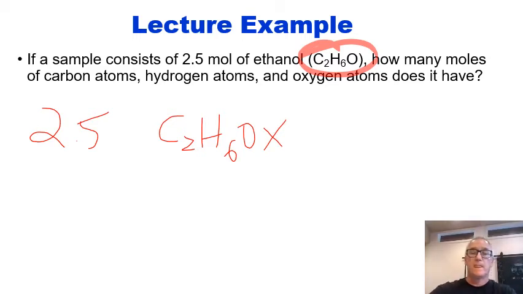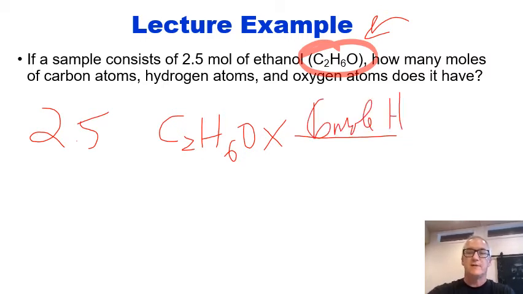So if I want to figure out how many moles of hydrogen atoms, for instance, what's the ratio of hydrogen atoms to ethanol molecules? Well, I look in the formula. There is 6 moles of hydrogen for every 1 mole of ethanol.